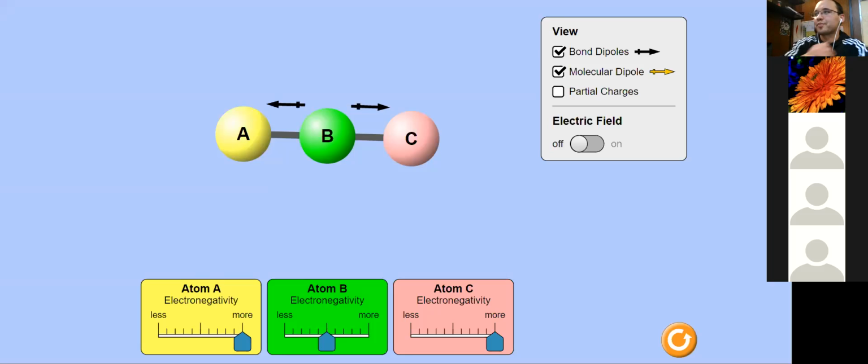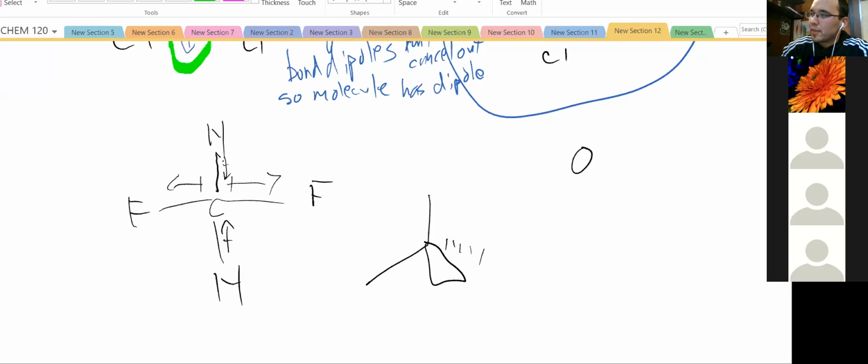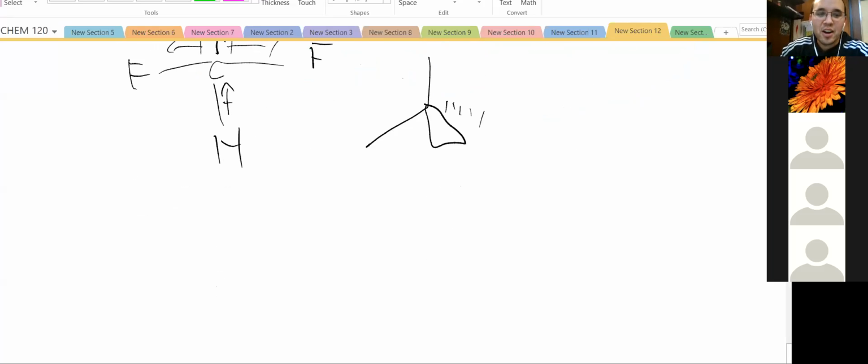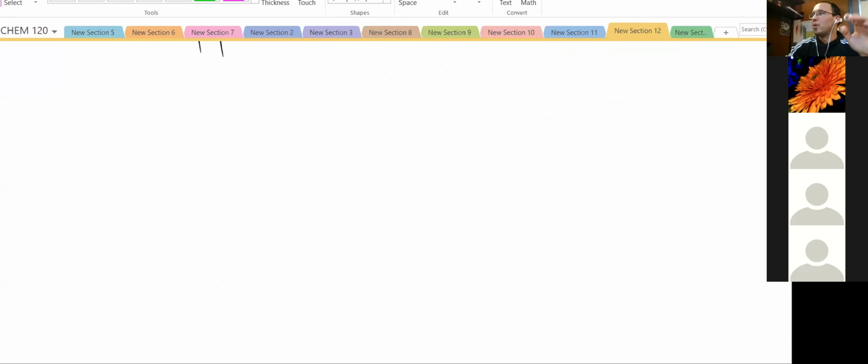All right. So molecular orbital theory. All right. So let's talk about this for a second. So the first way we started to model atoms was our Lewis structures, right? Now, Lewis structures were good at showing how things were connected, but they didn't succeed because they couldn't tell us the 3D shape.